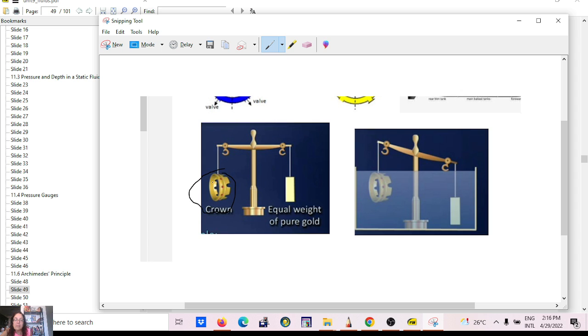Then we expect it to have more volume, right? So he submerged them, and he was able to show that the crown was experiencing more buoyant force. That's because it was displacing more water, taking out more volume. So the density was smaller, so it means it was not made of gold, right?